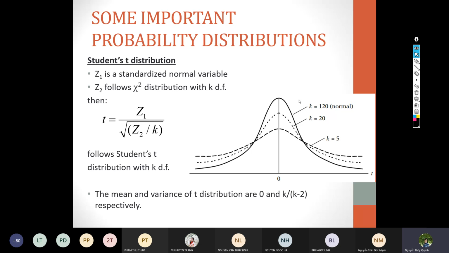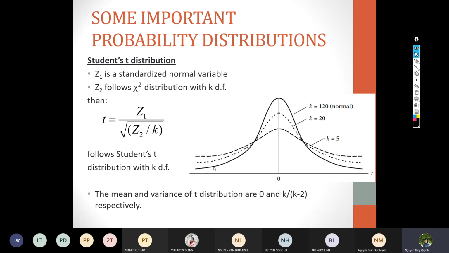As you see, the variance of the t distribution is k divided by k minus 2, and when the degrees of freedom increase to infinity, this variance will approach 1. Which means that when the degrees of freedom increase, the t distribution will become closer to the standardized normal distribution.